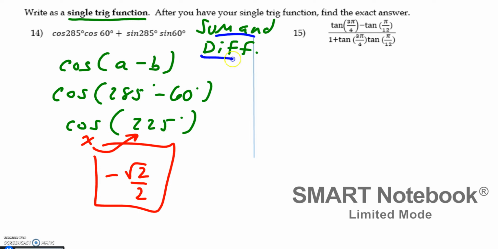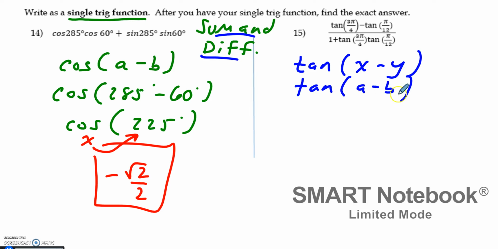15 is also a sum and difference formula, except it's now a sum and difference for tangent. And if you look at your identity sheet, when you have subtraction on the top and addition on the bottom, that is the same as tangent of x minus y, or tangent of a minus b, however you want to think of it. So that would be tangent of a, which is 3 pi over 4, minus b, which is pi over 12.